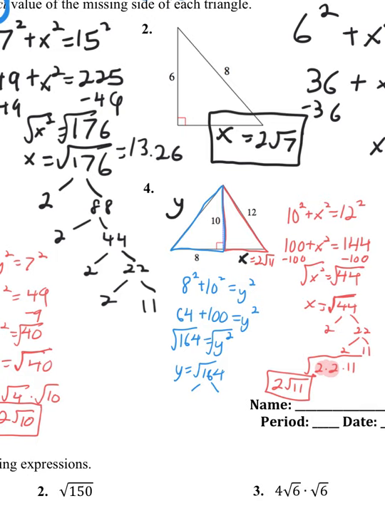So this last one, break down 164, and that's going to be 2 and 82, and then 2 and 41. 41's a prime number, so that's nice. It's just 2 times 2 times 41. And I end up with 2 square root 41 for this last problem. Sorry, I went through that kind of fast there at the end, but that's the idea when we're doing triangles for these types of problems.